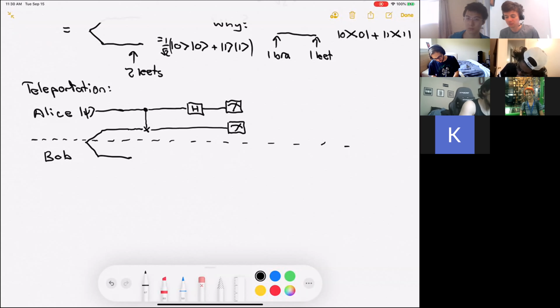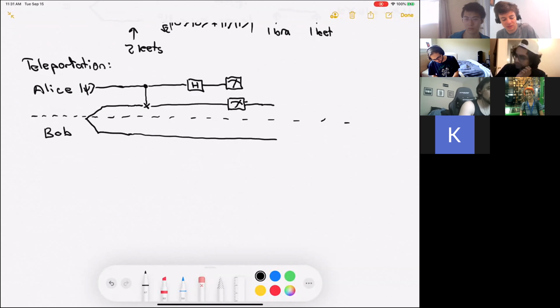So now we have Bob's half of the qubit sitting down here, and we have the 2 qubits up here being measured. So we just have some classical outcomes that we can call M1 and M2. Okay, so these double lines represent classical bits.